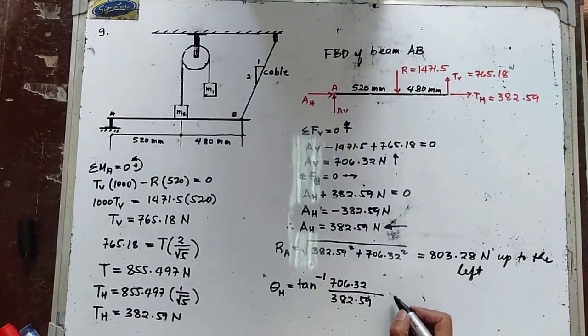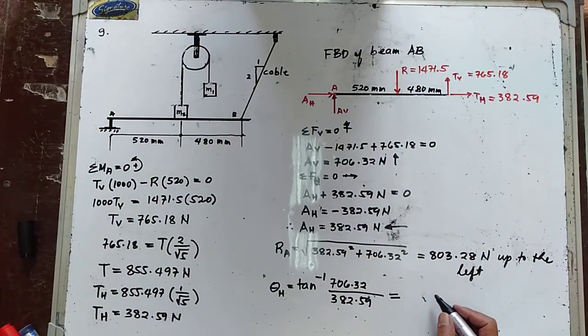So this is equal to 61.6 degrees. So that is the angle that the total reaction at point A makes with the horizontal.